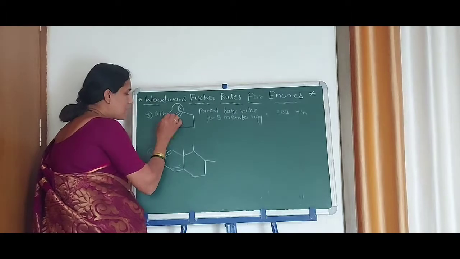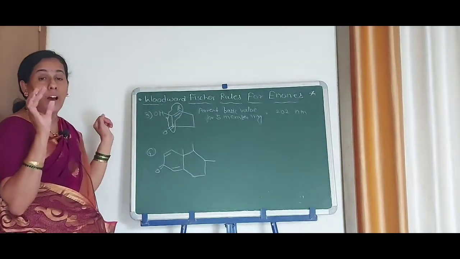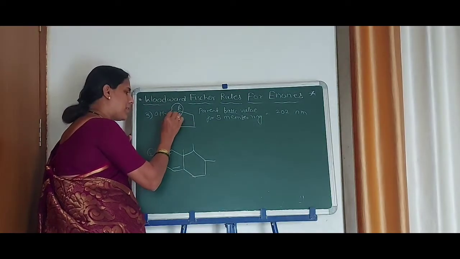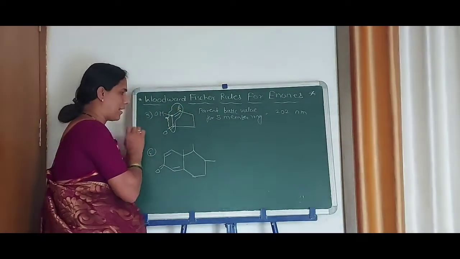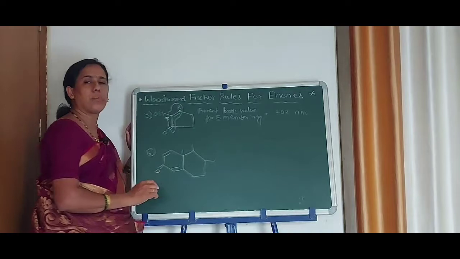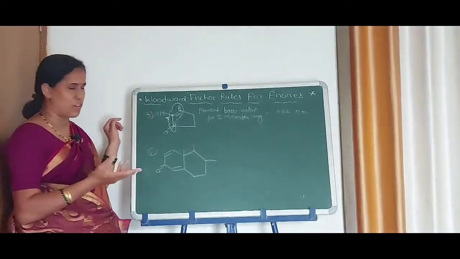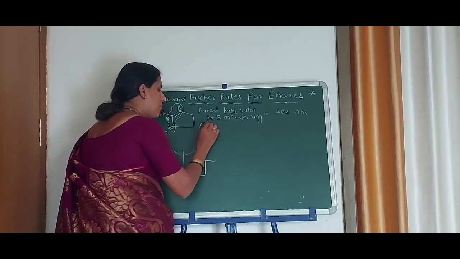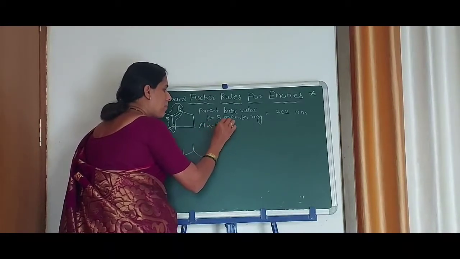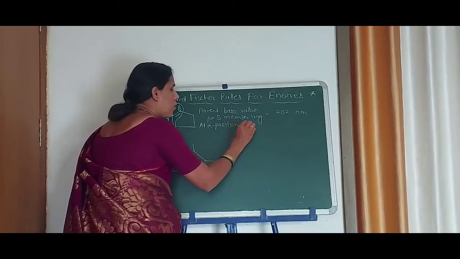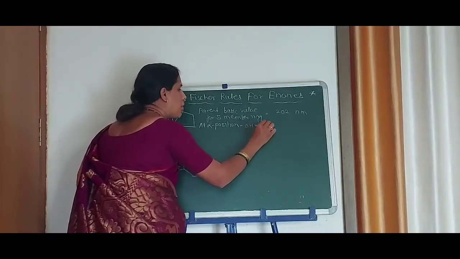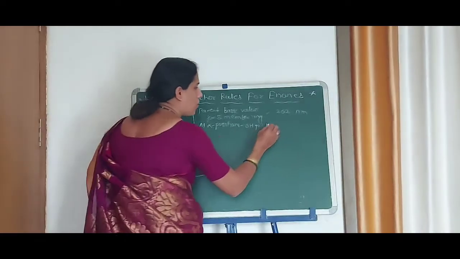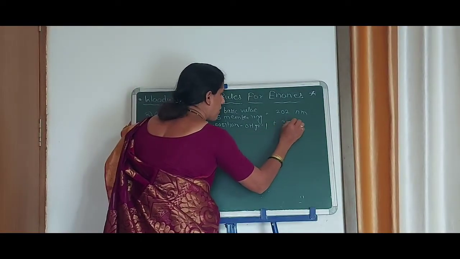Now just concentrate on the alpha carbon atom and beta carbon atom. This is the alpha carbon atom, this is the beta carbon atom. At the alpha carbon atom, which functional group is attached? That is the OH functional group. At alpha position, OH group equal to 1, and for OH group, according to our rules, you have to add 35 nanometer.